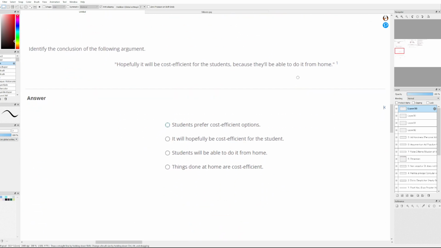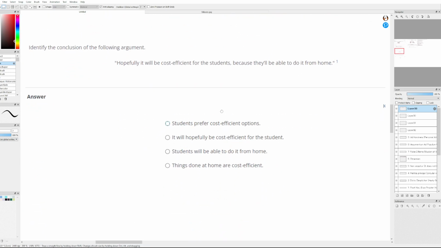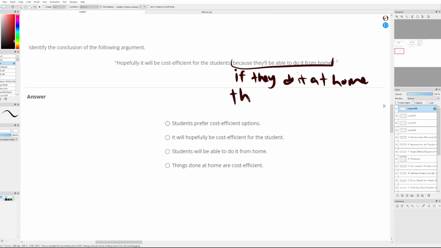This next one is asking us to identify the conclusion of the following argument. Hopefully it will be cost efficient for the students because they'll be able to do it from home. So it looks like the premise is going to be because they'll be able to do it from home, because we're assuming if they are able to do it from home, then it will be cost effective for the students.